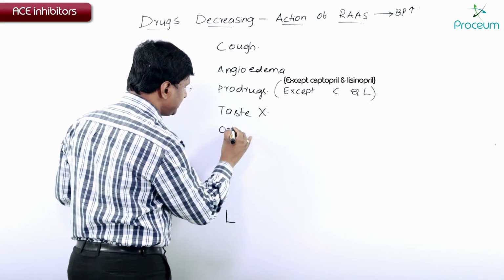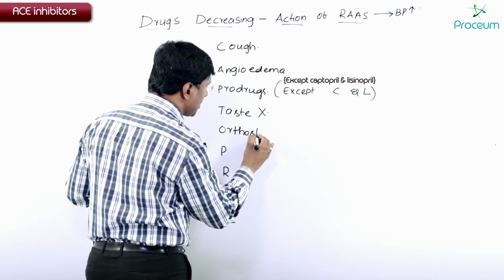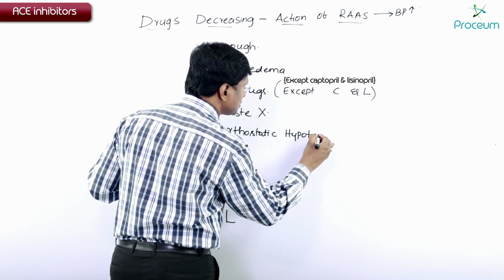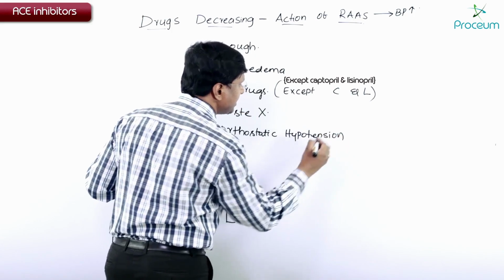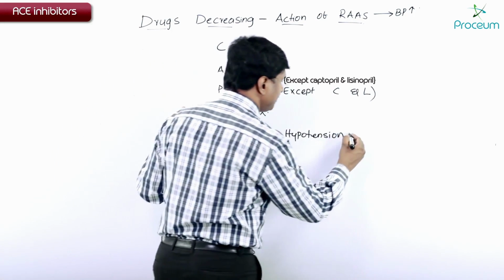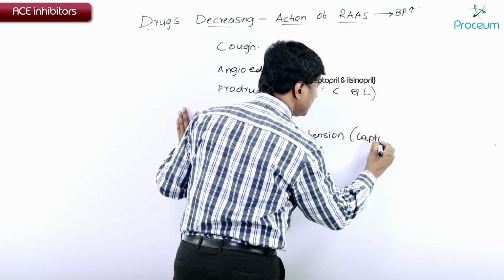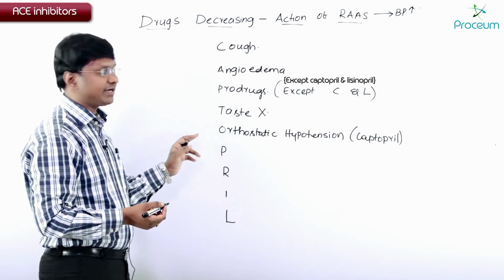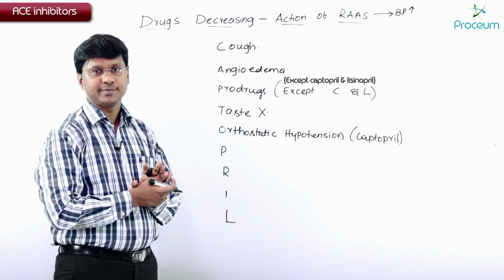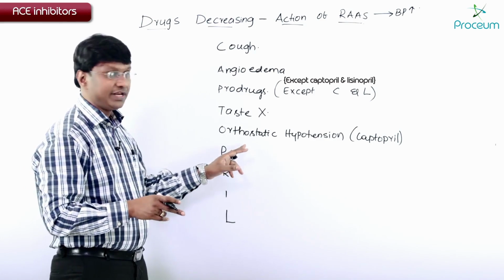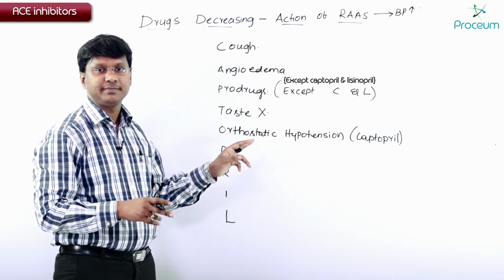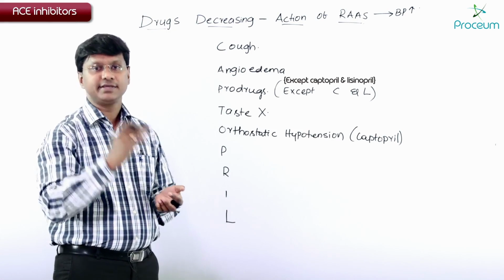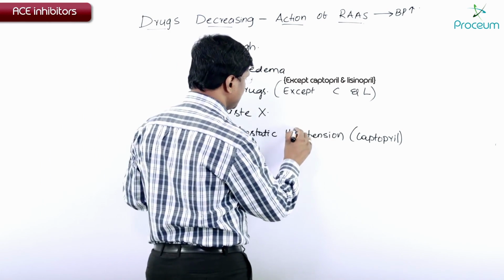Now, these drugs are mainly associated with orthostatic hypotension. The drug mainly associated with orthostatic hypotension is captopril, because captopril is short acting as well as fast acting. That is the reason why it is associated with orthostatic hypotension. And particularly whenever you combine the ACE inhibitors with diuretics, the incidence of orthostatic hypotension will further increase. How will you define orthostatic hypotension?